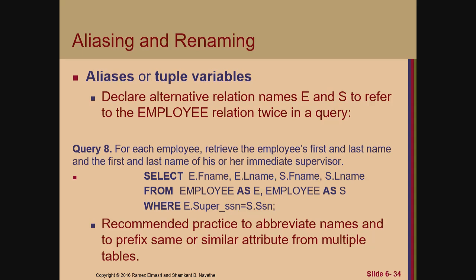So you have to use the same table to retrieve the data, and you have to duplicate it and set the alias names different, so the program can understand that when you select from E or from S, they are different.